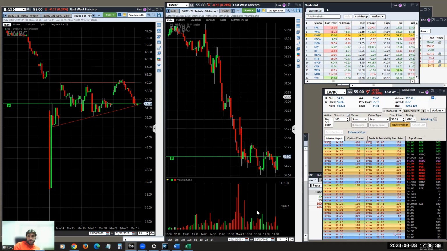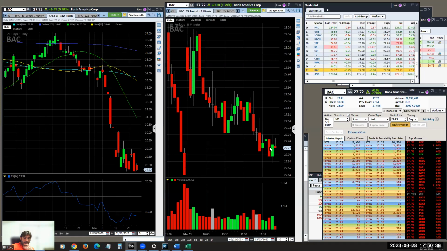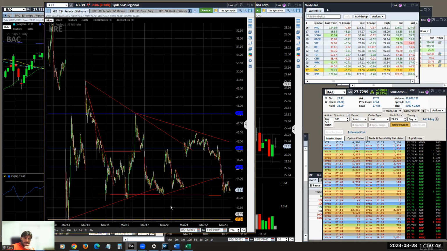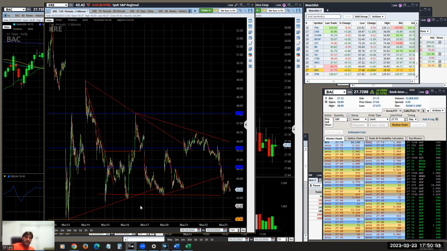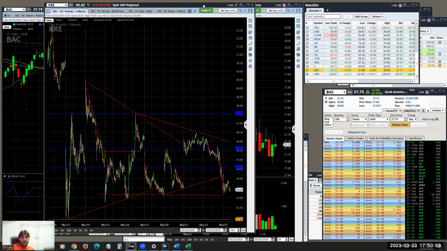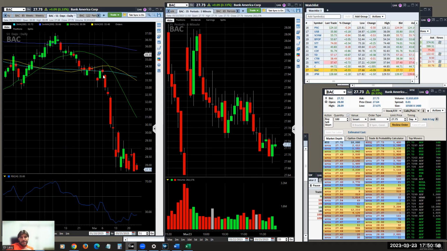EWBC. Take a look at this. We said that the banking sector is on a downtrend, but the KRE, as I showed you, hasn't broken the bottoms. We just want to see one big push right now going to the bottom, right? And look at the big banks for a minute. People usually like to buy support, but I can't do that.